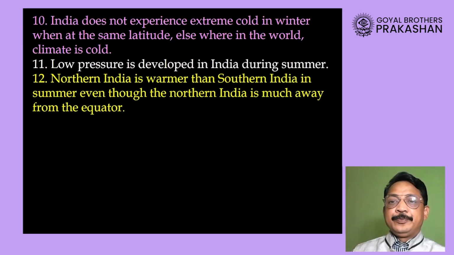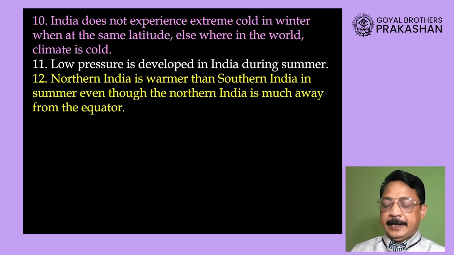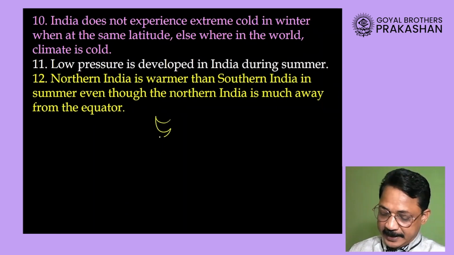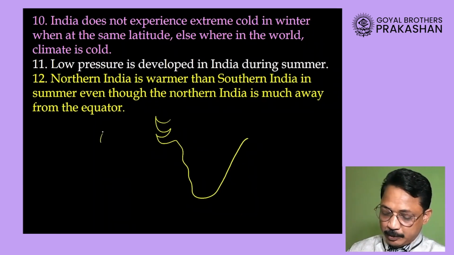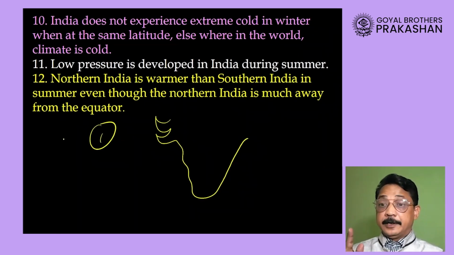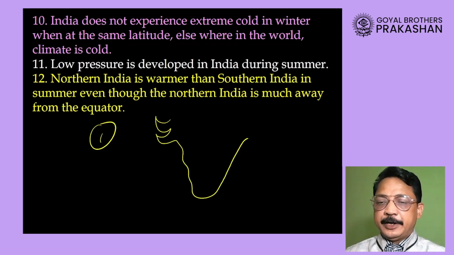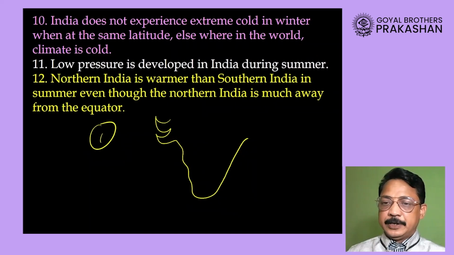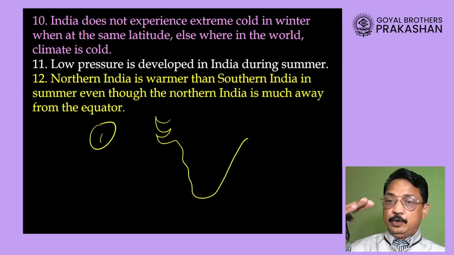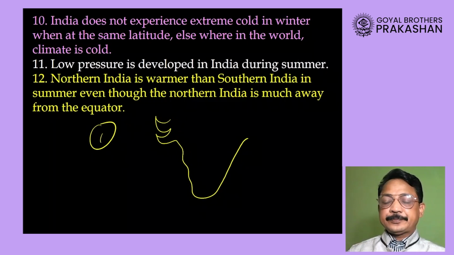Now the next question is why low pressure is developed in India during summer. So the answer: the first point you will have to write down is that temperature and atmospheric pressure are inversely related. That means the greater the temperature, the lower the atmospheric pressure.